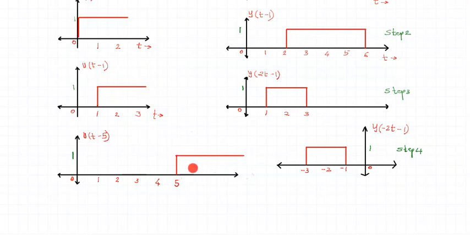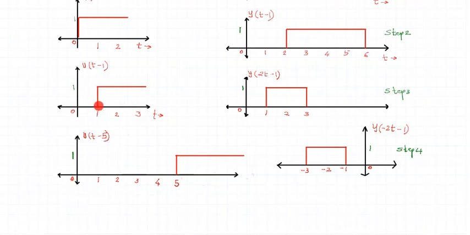The intention is to do the subtraction of these two signals in order to obtain y(t). So, let us do the subtraction now. We have to subtract u(t minus 5) from u(t minus 1). What do we observe? Both the signals are 0 up to 1, so the subtracted signal remains 0.